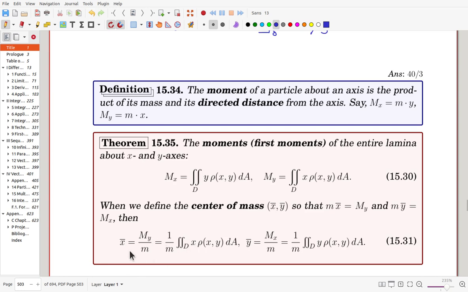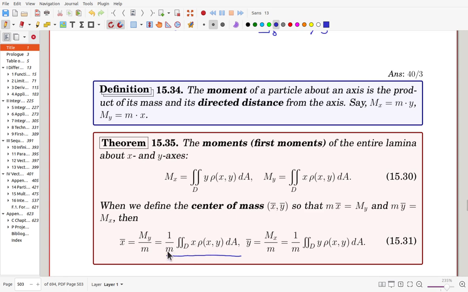Now, for the center of mass, the x component is 1 over m times the double integral of x times the density. So in a sense, x is averaged along with the density.